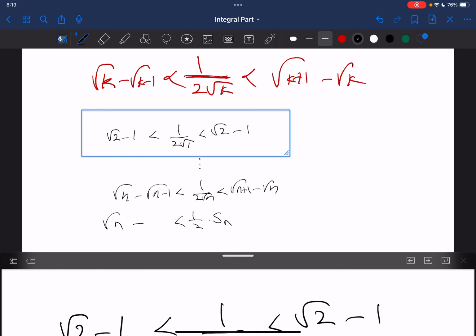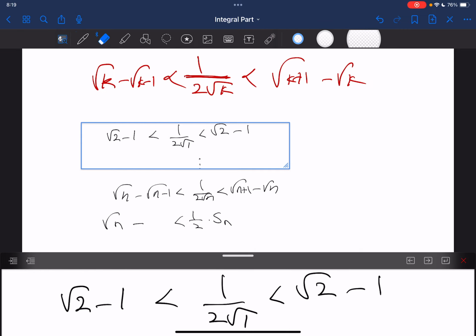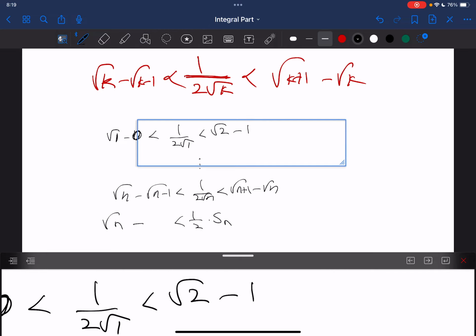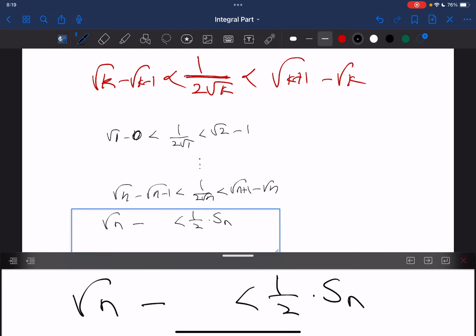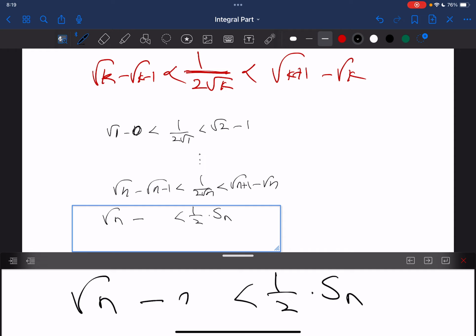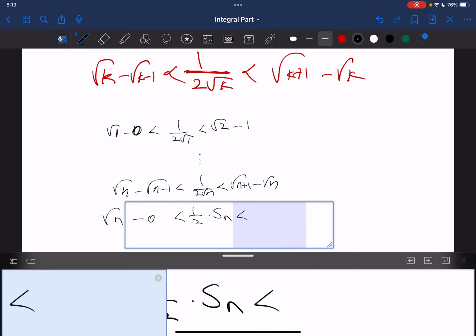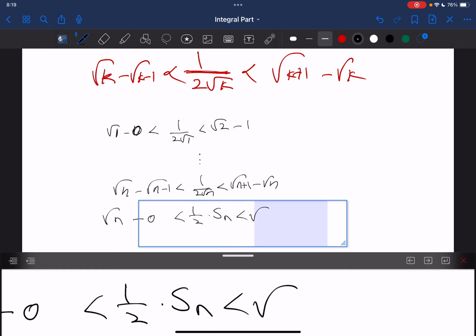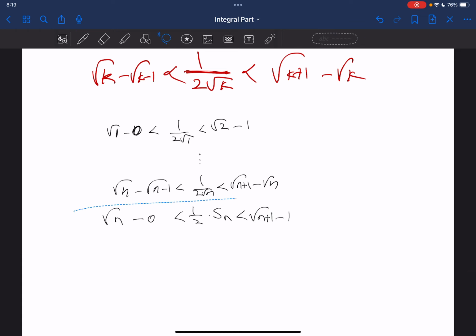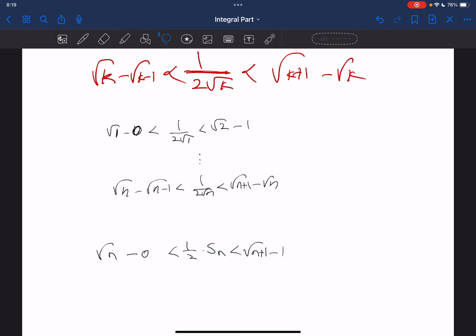This is root 1 minus 0, which is basically 1. And the right hand side is correct. So I would get root n minus 0. And on the right hand side, I would have root n minus 1 minus 1. So this is the conclusion, right?